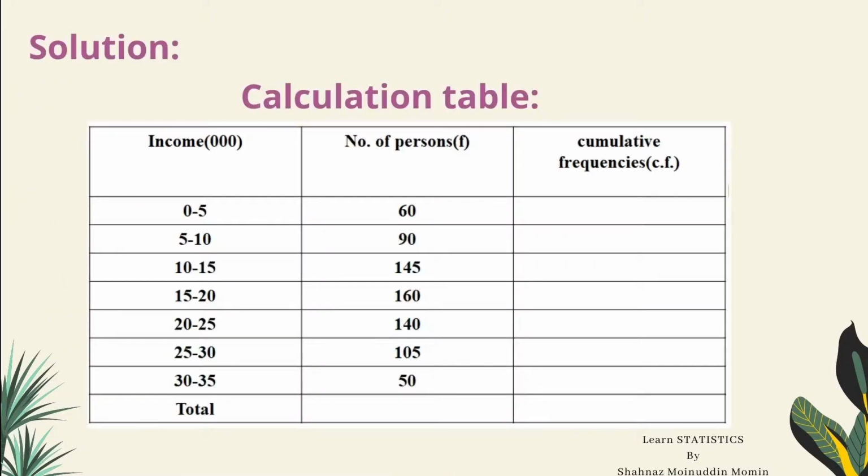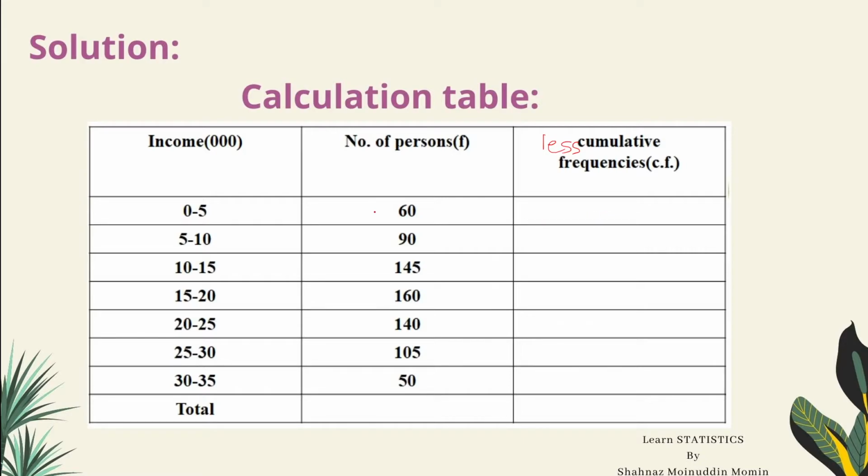Now let us start with calculation table. Write down the income and number of person in a tabular form as 0 to 5, 5 to 10, likewise, and number of persons. Then calculate the less than cumulative frequency. For calculating less than cumulative frequency, we start from the top of the column.